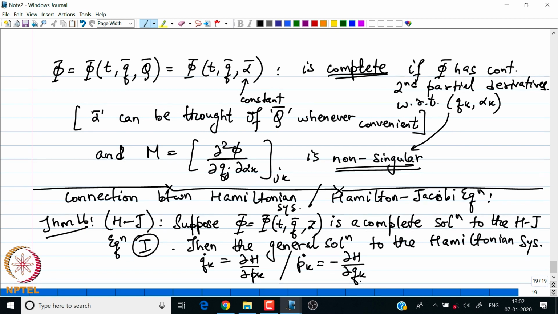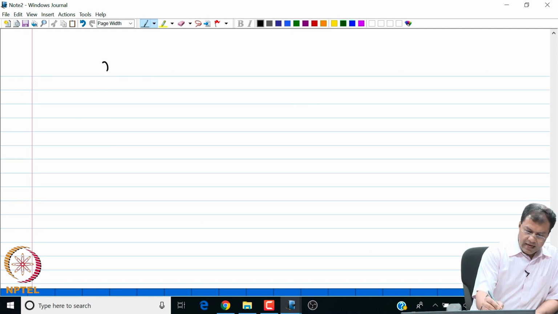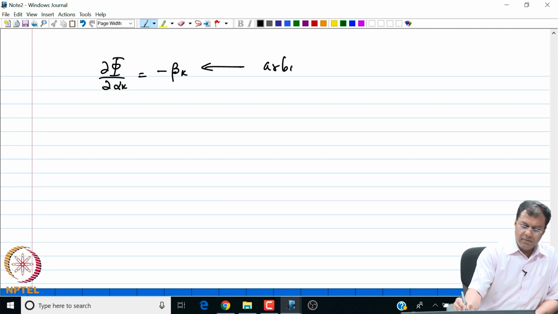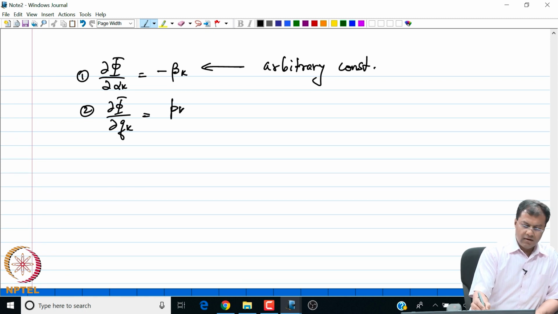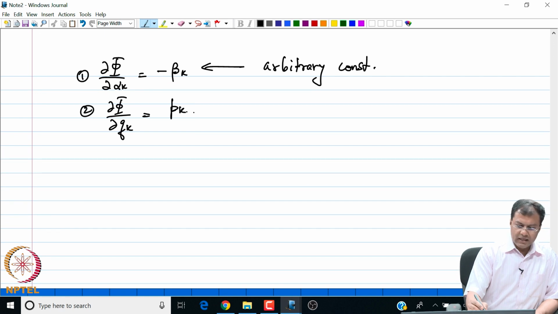So the general solution to the Hamiltonian system is given by the following set of equations: del phi del alpha k is equal to minus beta k. These beta k are arbitrary constants, and the second relation is del phi del q k is equal to p k, right? So this is my generalized momenta.